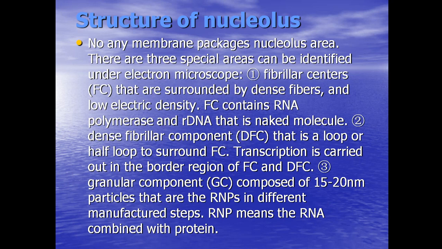Even within the nucleolus, there are three spatial areas which can be seen or understood only with the help of an electron microscope. What are these three centers? One is the fibrillar center, FC, that is surrounded by dense fibers.